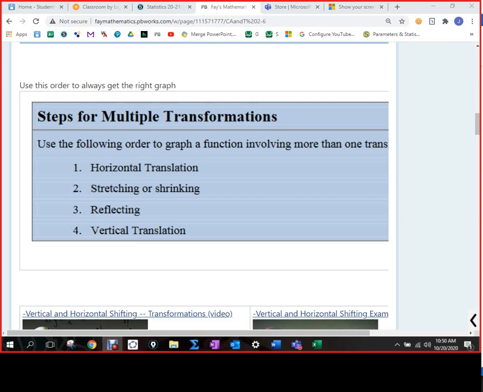For instance, some relations are functions, right? Okay? Some functions are going to be special types of functions, an even function or an odd function. And if it's an even function, that might help me graph it faster. If it's an odd function, knowing that might help me graph it faster. Does that make sense? Okay, so we learn these little relationships that should help us speed things up. So we'll talk about that tomorrow.